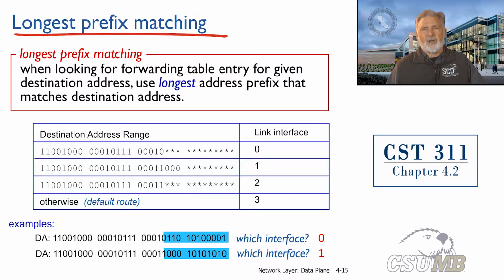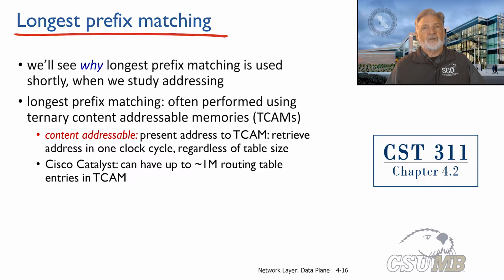To speed up this process, the longest prefix matching is often performed in TCAM, ternary content addressable memory. The word ternary in TCAM refers to the number of values that the memory can store and query: 0, 1, and a wildcard, the asterisk in our slides.